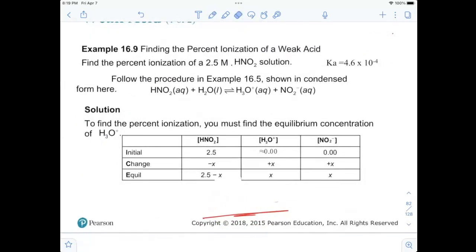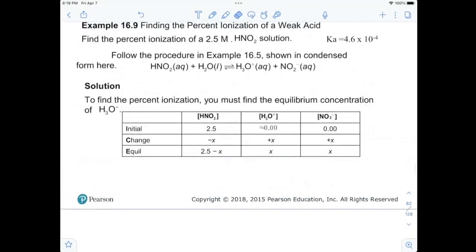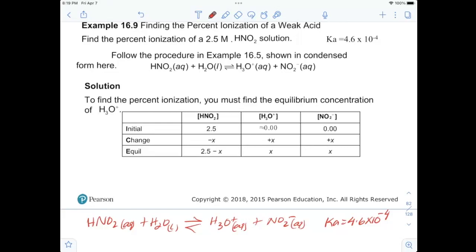Okay, so in this case, we want to see how much of the hydronium ion gets formed. They gave us a Ka for the acid. Our Ka is 4.6 times 10 to the negative 4. And then here we have HNO2 aqueous plus H2O liquid to give us H3O plus aqueous plus NO2 minus aqueous.